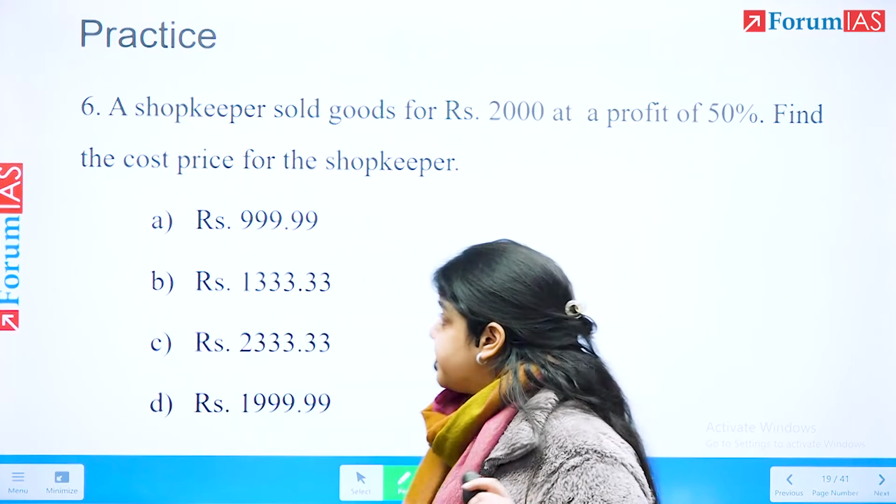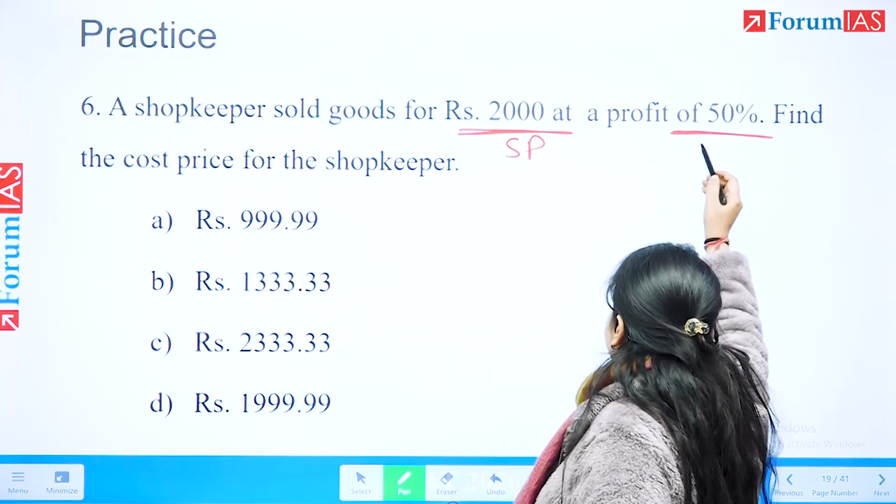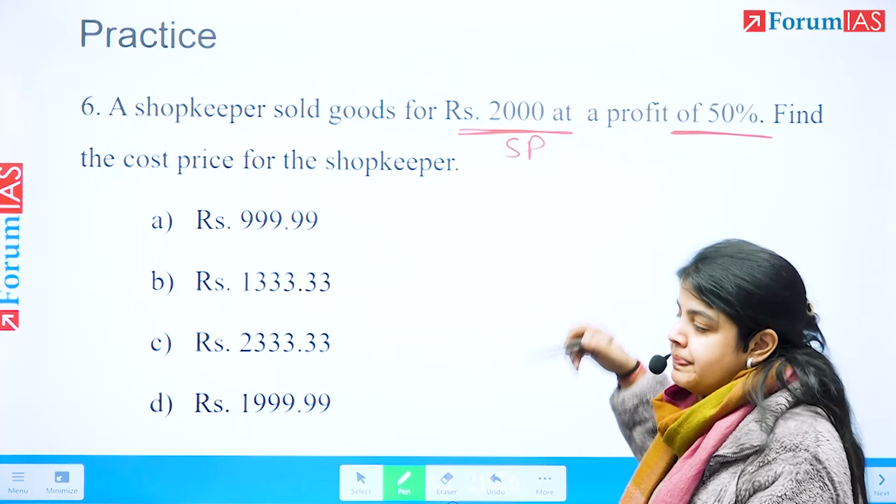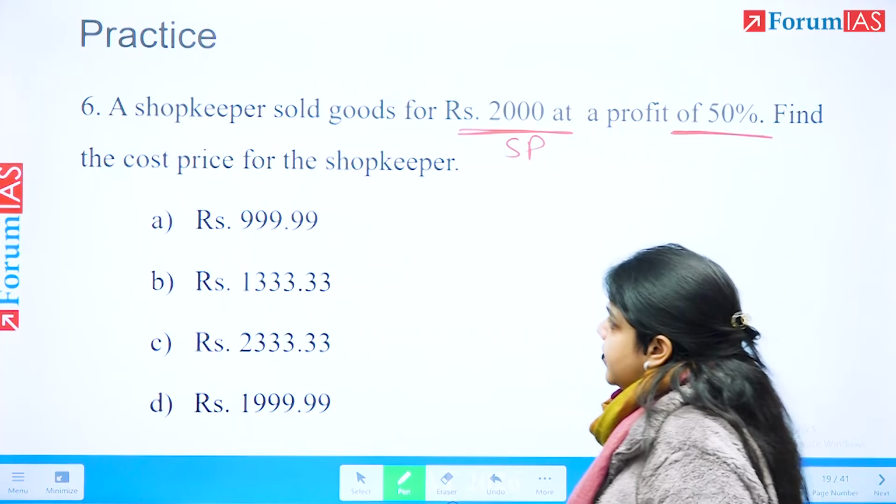So when you sell goods for 2000, this is the selling price. 50% is the profit percentage. And the cost price we have to find. So, elimination se bana lo. Kaise banaya tha? Kyon nahi possible? Yahi toh sawal hai. 2000 ke kareeb zyada ho gaya. Toh 999 toh ho nahi sakta. Aur baaki ke zyada door ho gaye.